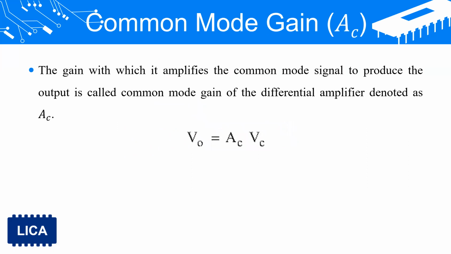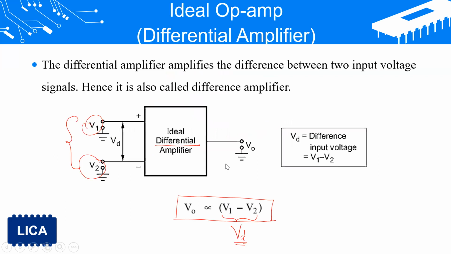The next parameter is common mode gain. Suppose we apply two input voltages which are equal in all respects to the differential amplifier. Here we have two different voltages, V1 and V2, so we can perform the difference and get any value. But assume that both the voltages are equal, V1 equal to V2.